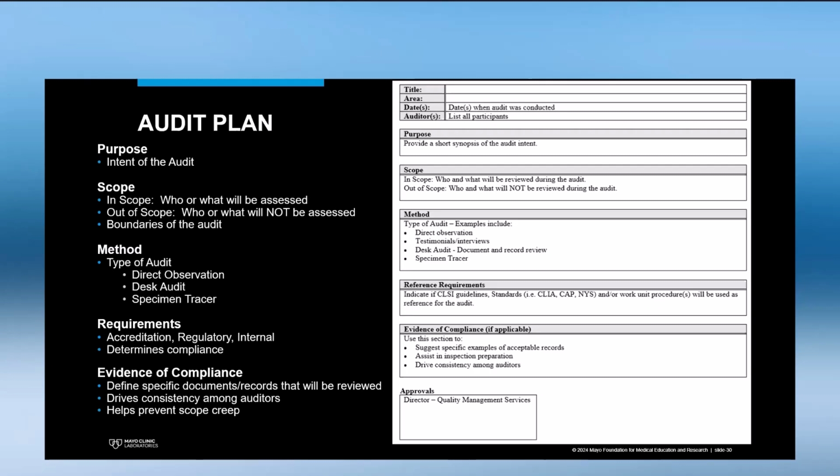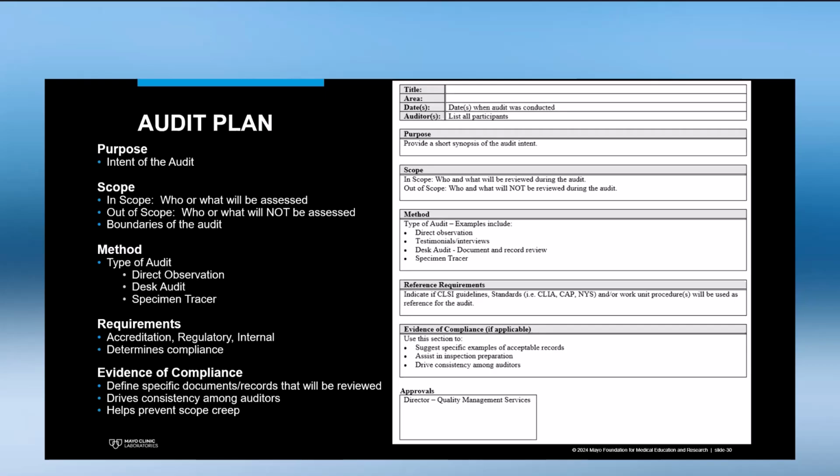Obviously, in our audit plan, we list the requirements that we are going to audit against. And it's not just external requirements. We have our own laboratory-specific requirements, policies, and procedures that we must also take into consideration to determine compliance. And obviously, the requirements drive our assessment of compliance.